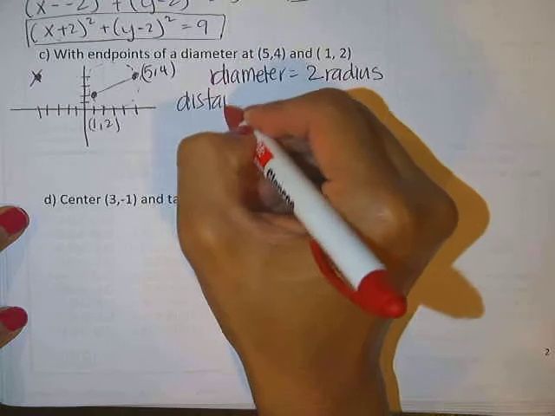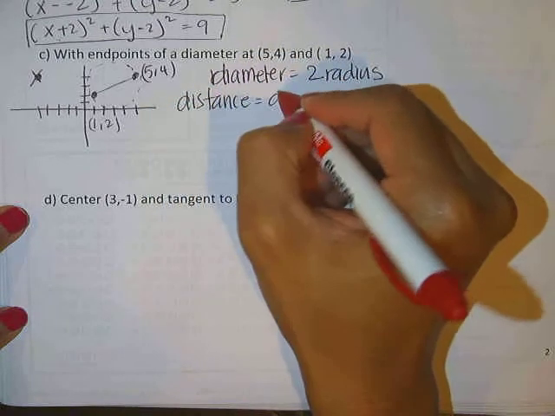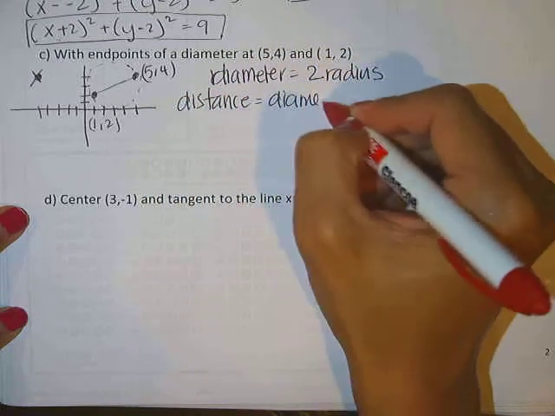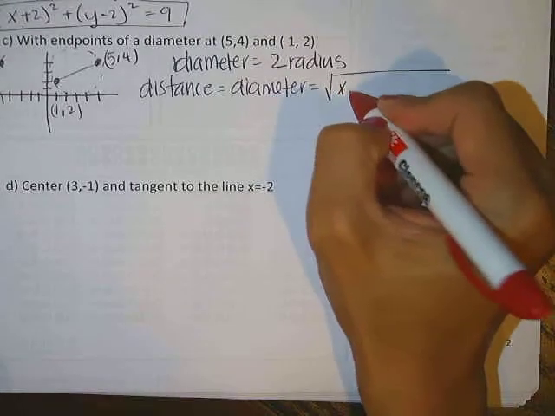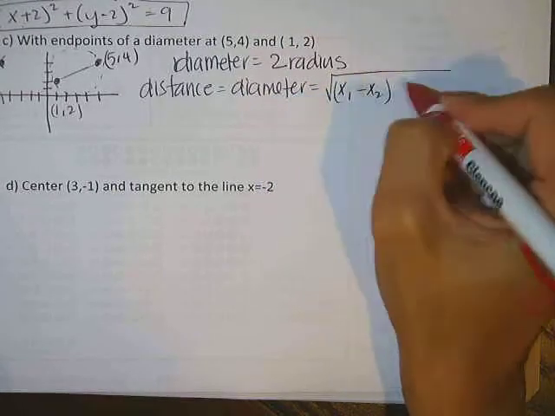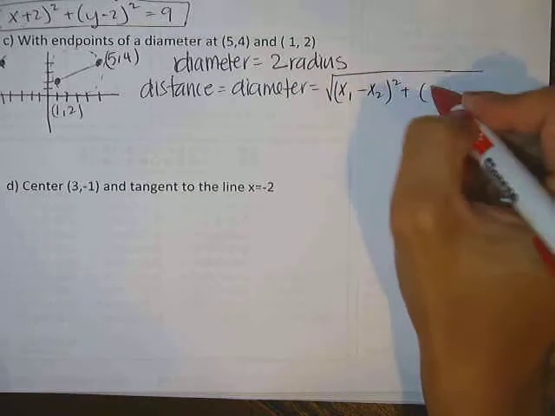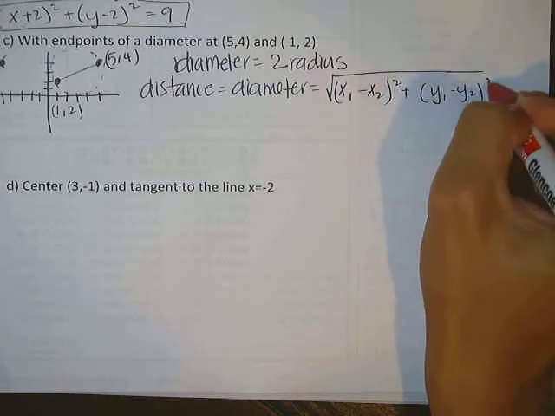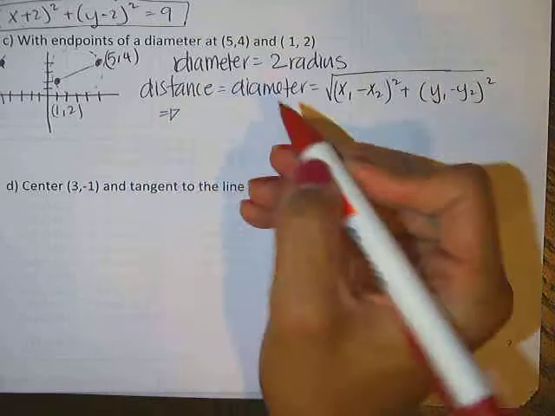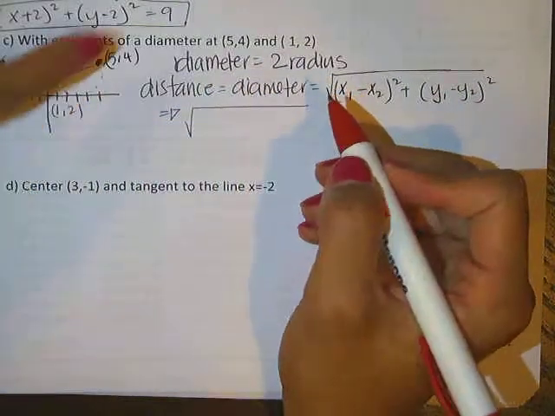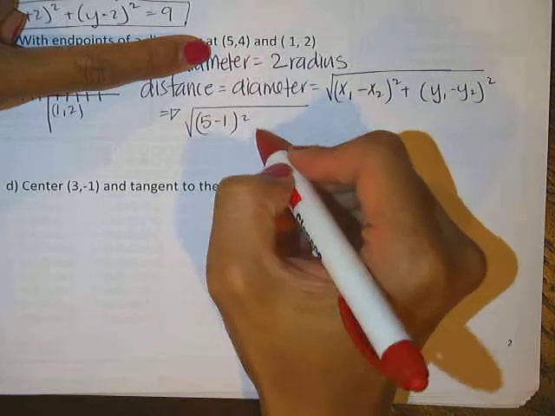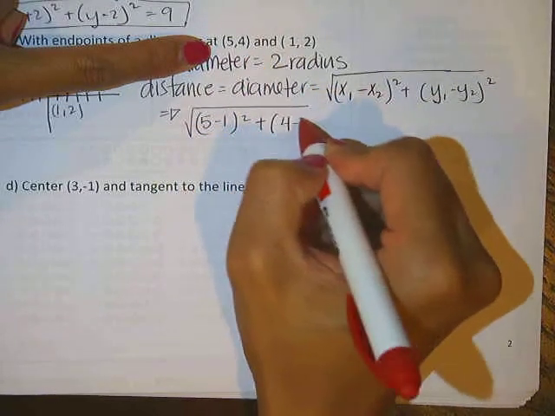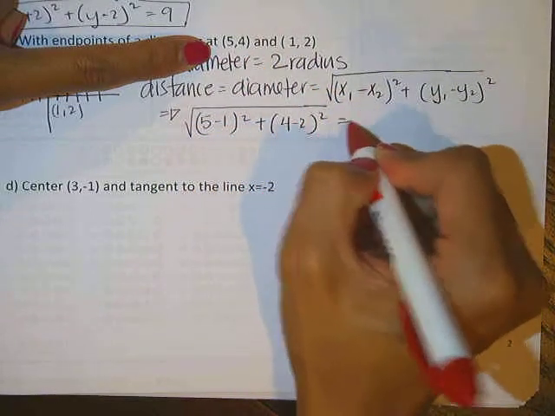So distance, which is diameter, equals the square root of the difference of the x-coordinates squared plus the difference of the y-coordinates squared. So that brings me to the big radical 5 minus 1 squared, then add 4 minus 2 under the radical still squared.